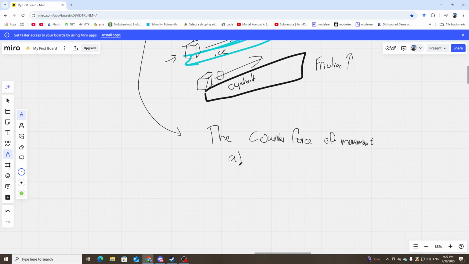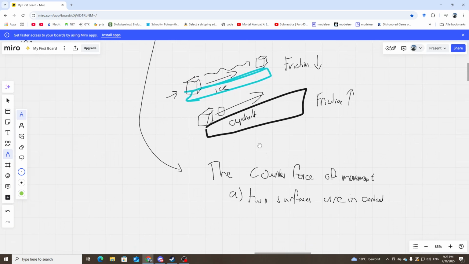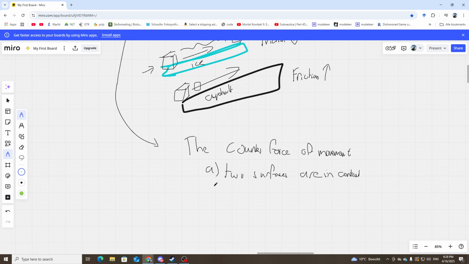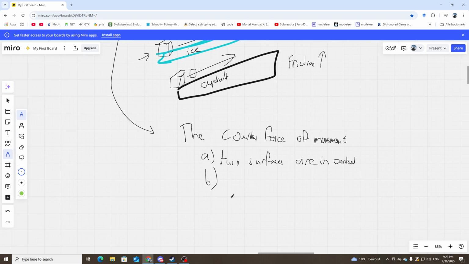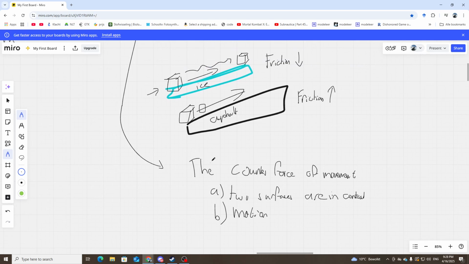And it acts on an object once two surfaces are in contact. So in our example, our two surfaces are the ice and the block of iron, and they are on top of each other, so they are in contact. Check. And B is that there is motion. And that is when there is kinetic friction.